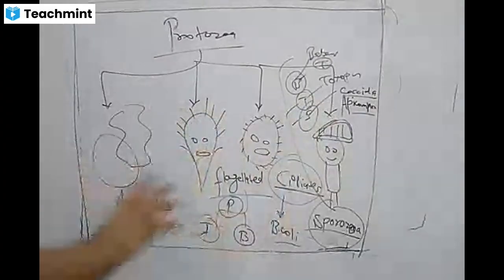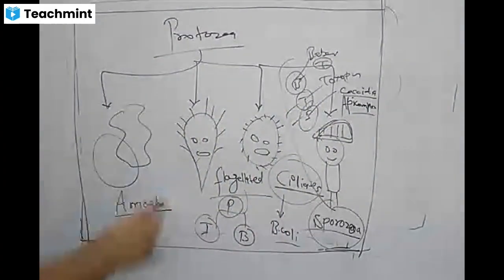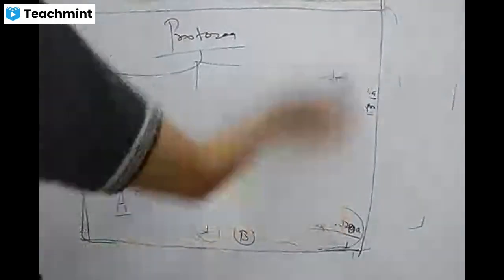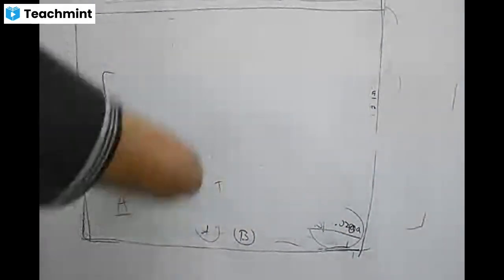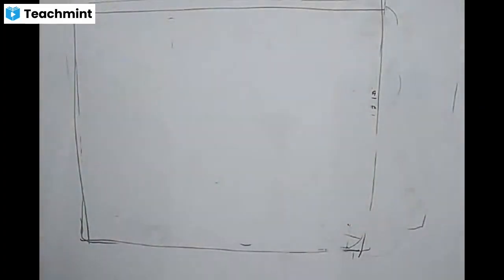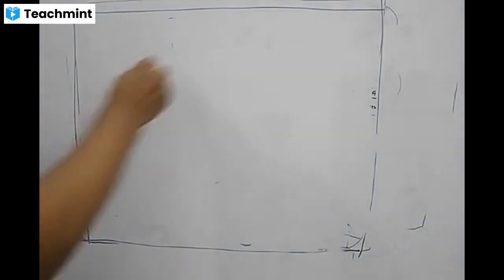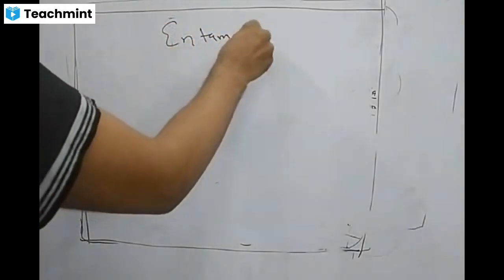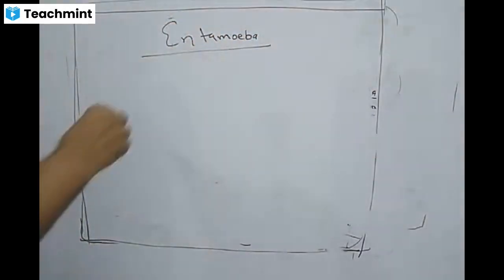So first we start with the group amoeba. In case of amoeba, there are total four groups. We call them Entamoeba. There are four groups.